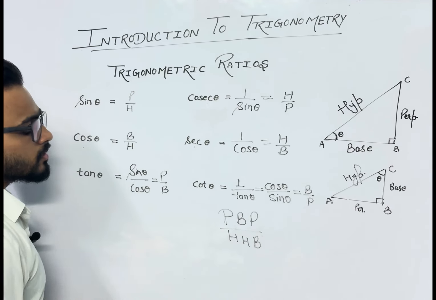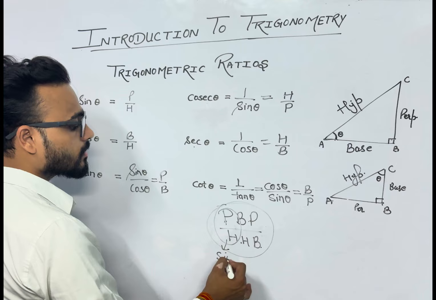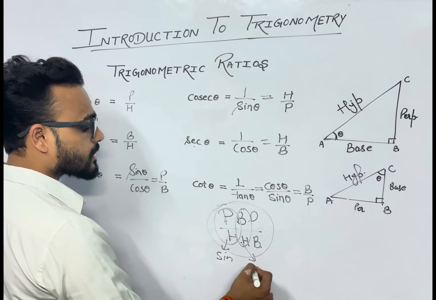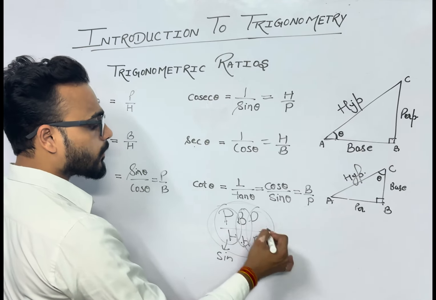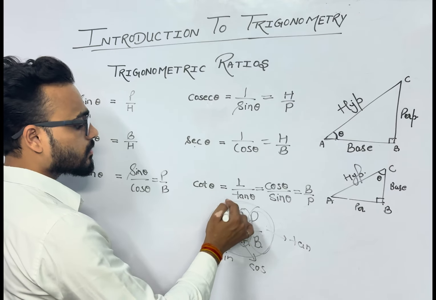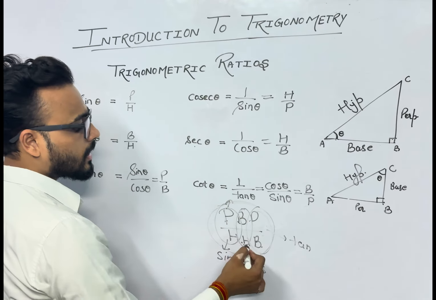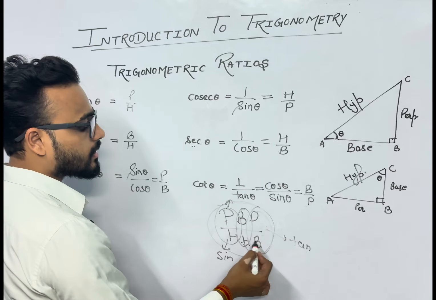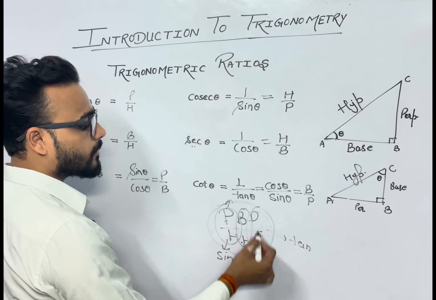That is, P upon H stands for sin, B upon H stands for cos, and P upon B stands for tan. And for their reciprocals, H upon P is cosec, H upon B is sec, and B upon P is cot.